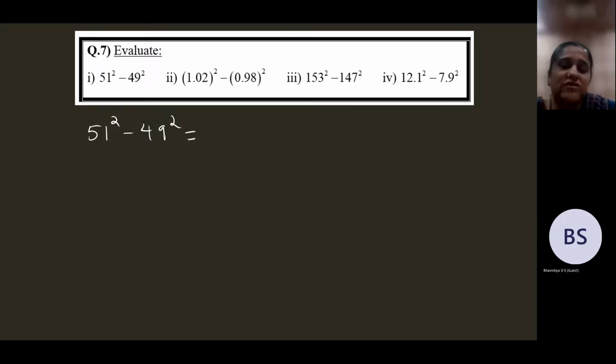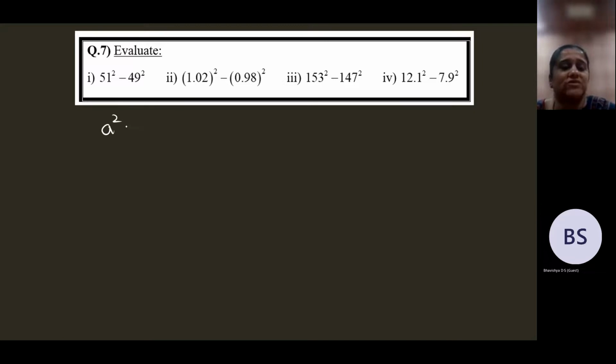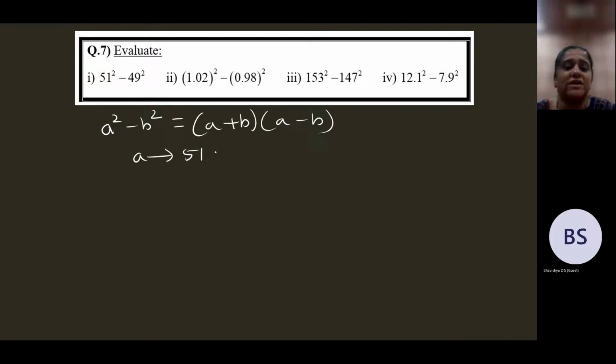Now here the given expression is of the form A square minus B square. So the answer is A plus B into A minus B, where your A is 51 and B is 49.